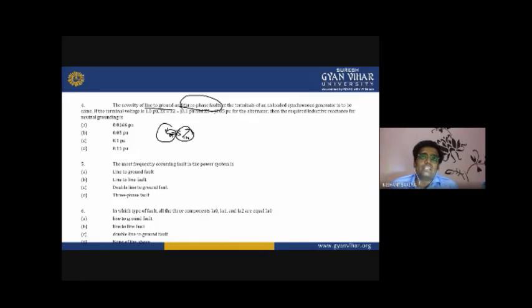The most frequently occurring fault in the power system is what? Remember that most of the faults occur frequently in the distribution systems.